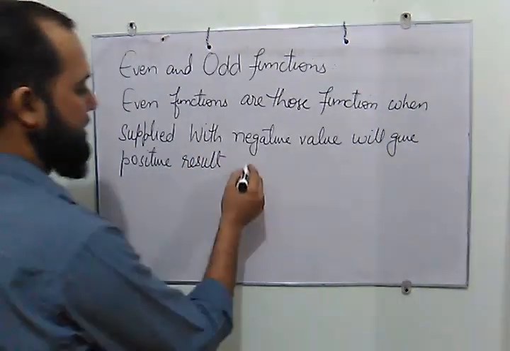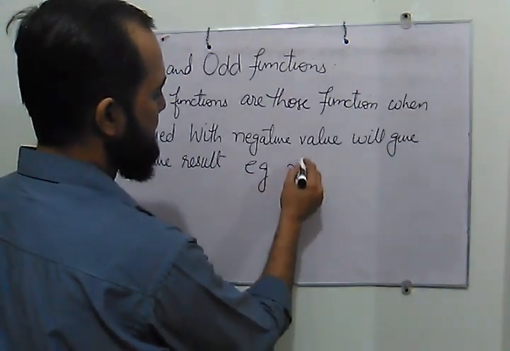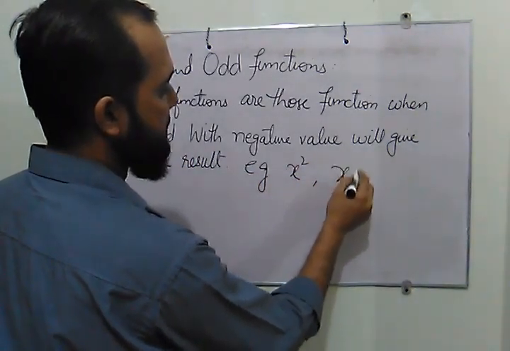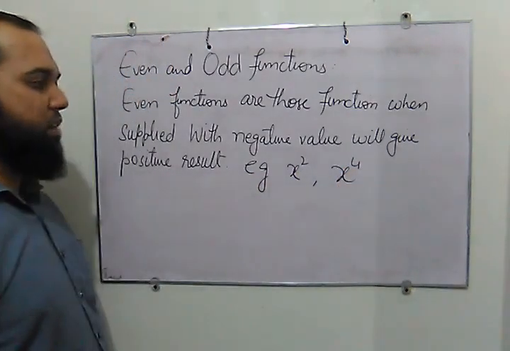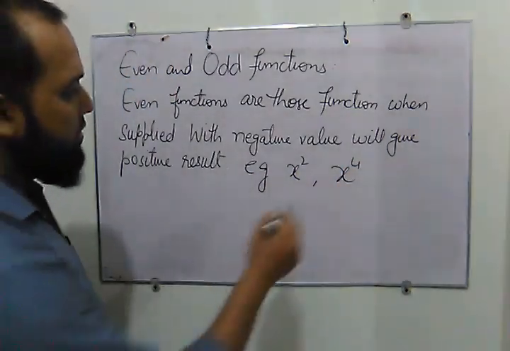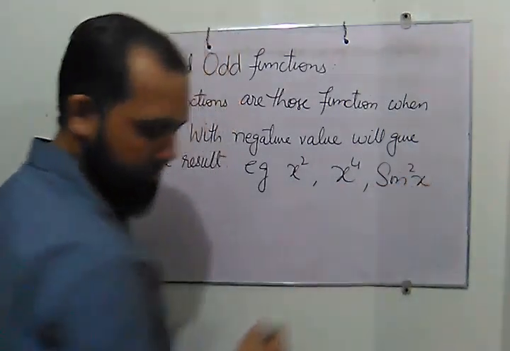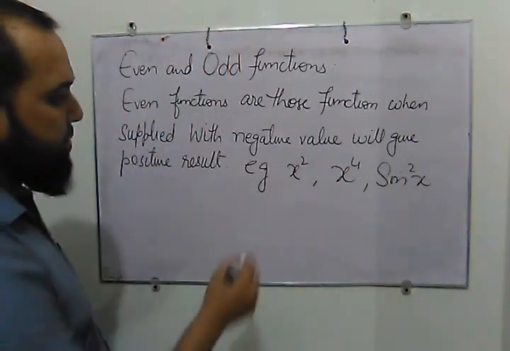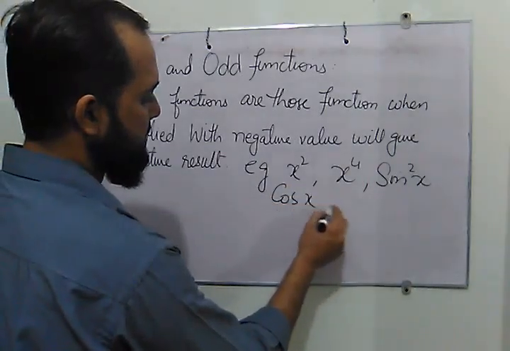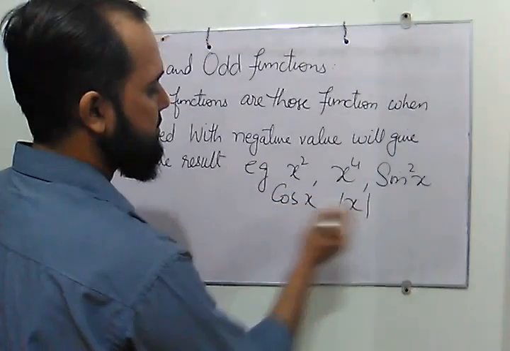Such as x square, such as x4. These are all positive functions because, for example, sine square x, for example, cos x, for example, mod x.